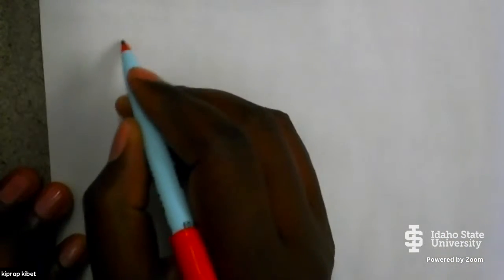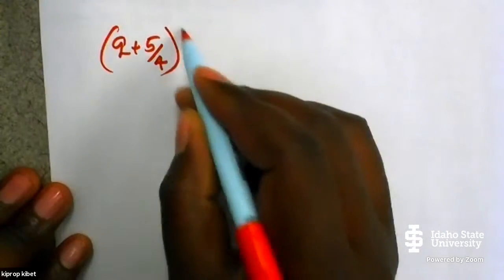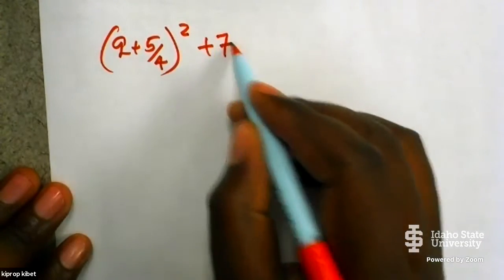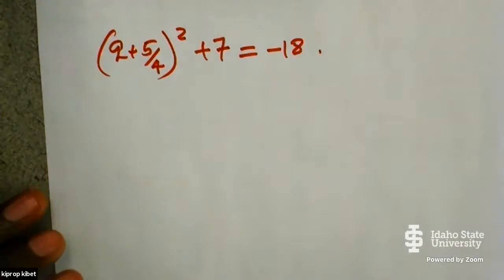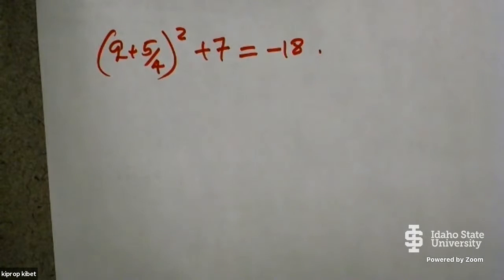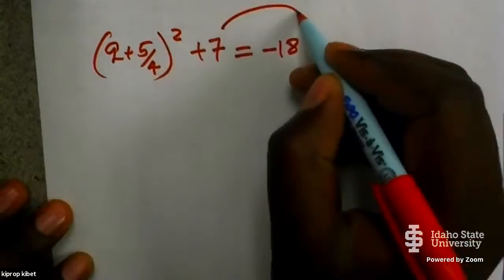So another example: q plus 5 all over 4, squared, plus 7 equals minus 18. So how do you solve this? So first of all, you take all those values to the other side. So the 7, you take it to the other side.